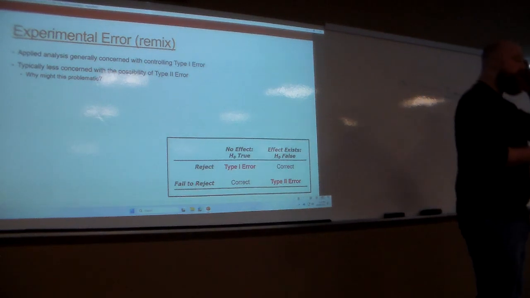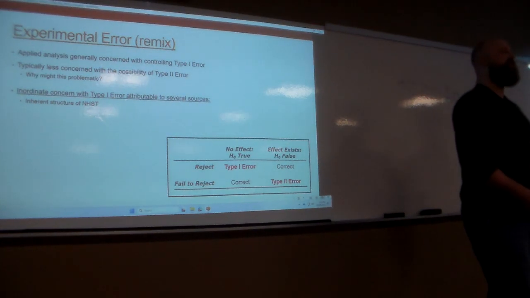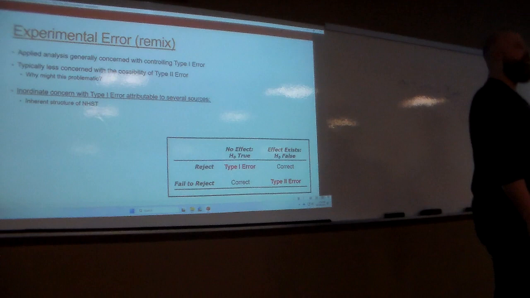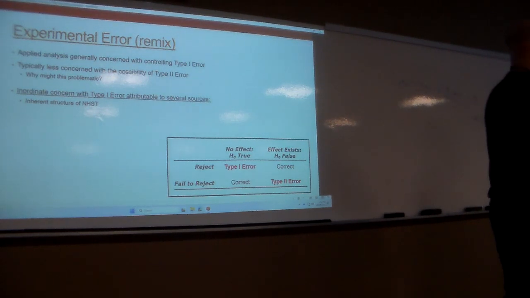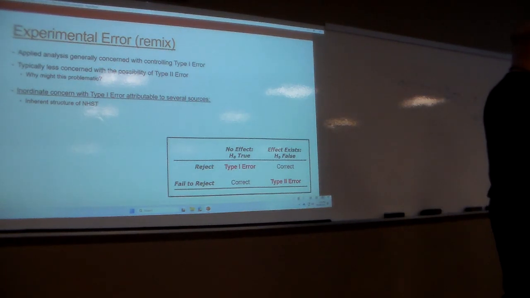The arguments for this are actually problematic for a number of reasons, right? We have an inordinate concern with our type 1 errors. It's just how our system is set up. Our test is set up to avoid type 1 errors, and so that's the thing we tend to focus on the most.